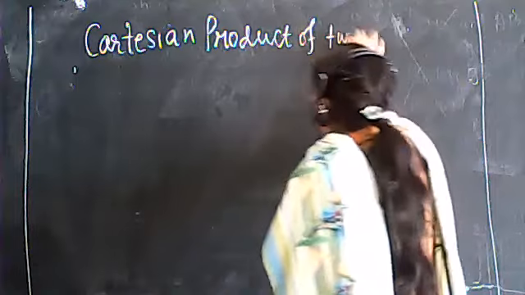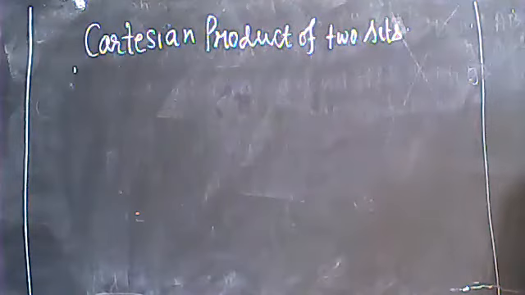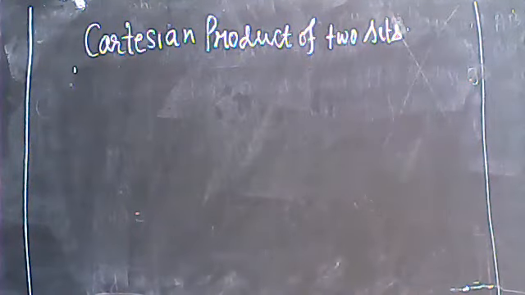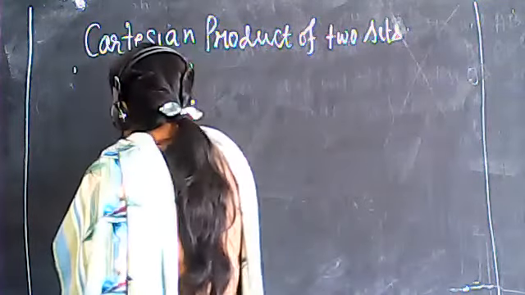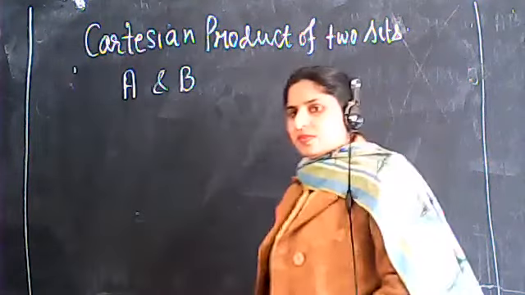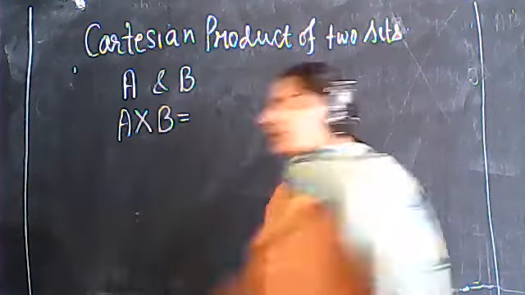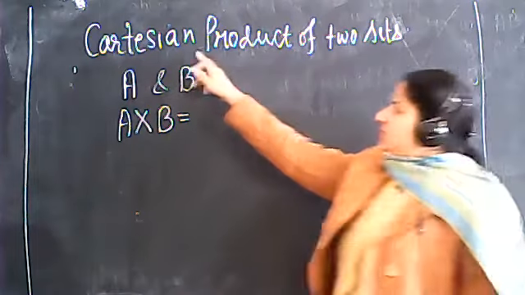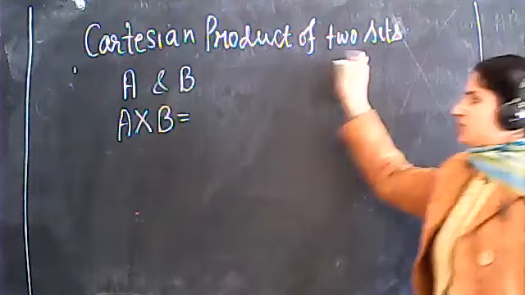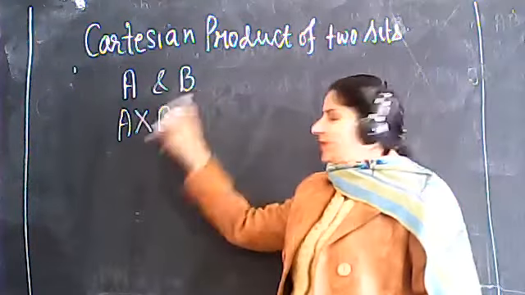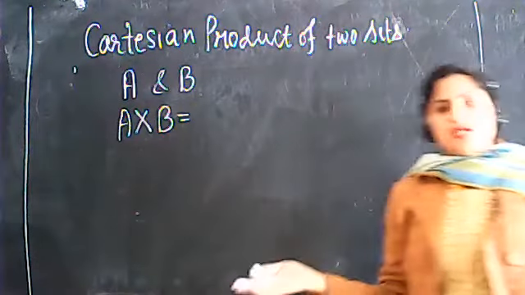Cartesian product of two sets, or you can say the Cartesian product of sets. Now, what is the Cartesian product of sets? If we have two sets A and B, then their Cartesian product will be denoted as A cross B. Firstly, we want to define the term Cartesian product for two sets. Now, what is A cross B?